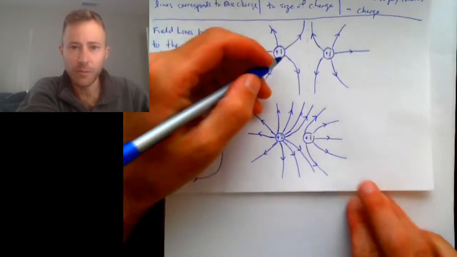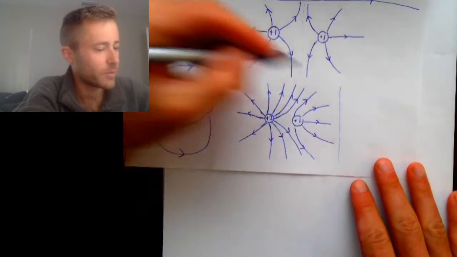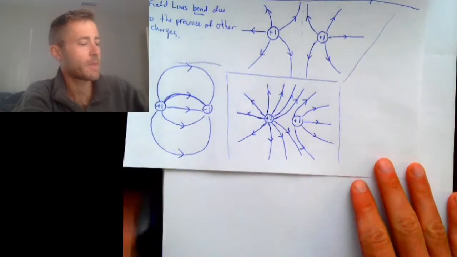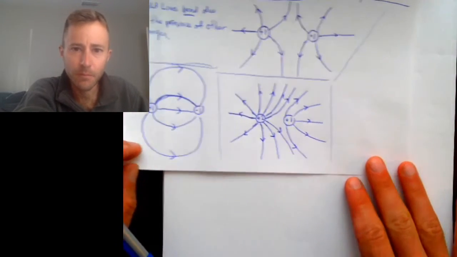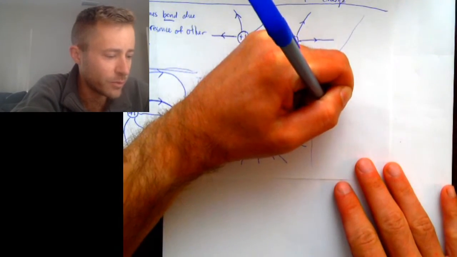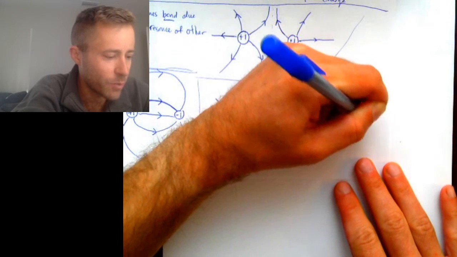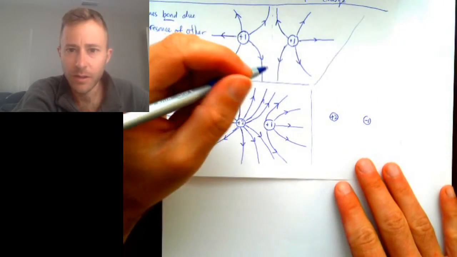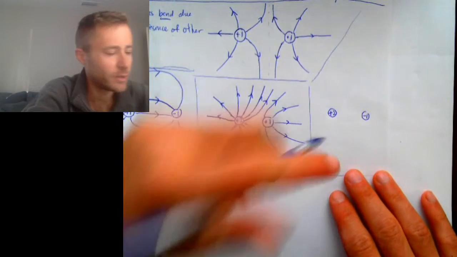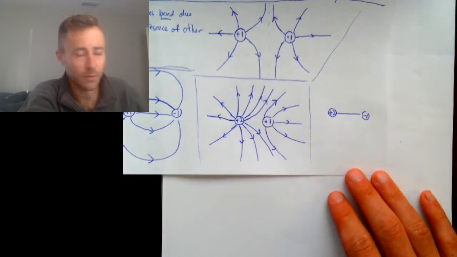Let me do the same thing for 2 opposite charges, so let me separate all this into different regions. All right. So what if we had a +2 next to a -1? What you have in this case is the field lines go out, and the +2's field lines are going to go straight for longer.